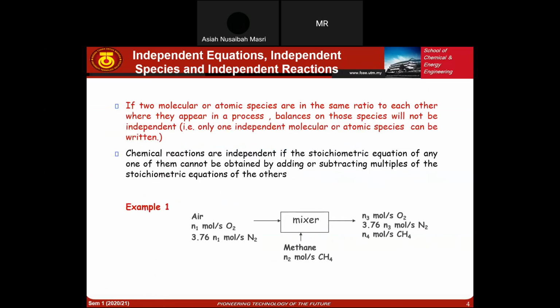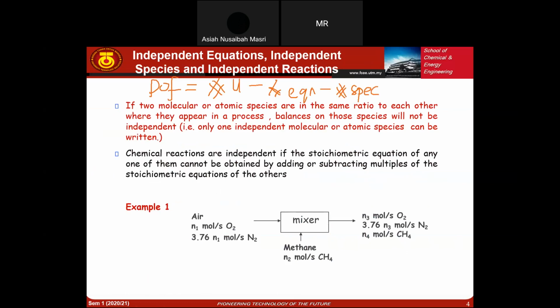Degree of freedom is equal to the number of unknowns minus the number of independent balance equations, minus any specification given by the question.